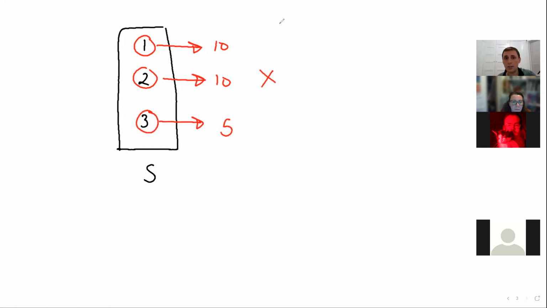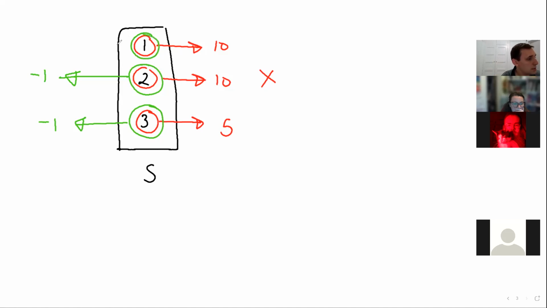Now let's consider the action of y. Imagine that the action of y is labeling this as maybe -1, this as -1 again, and this as 2.